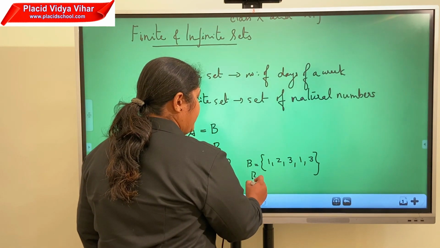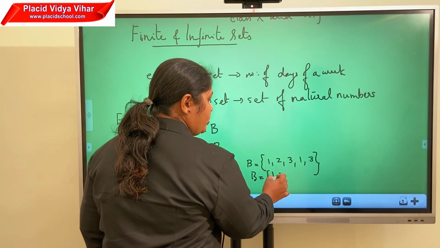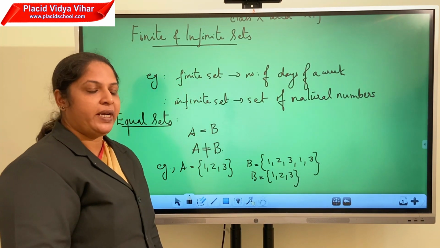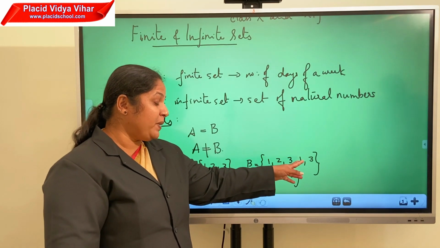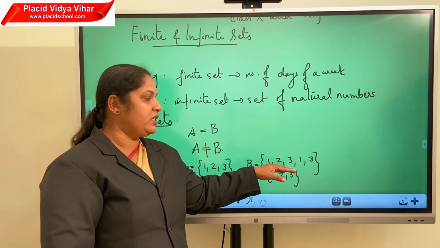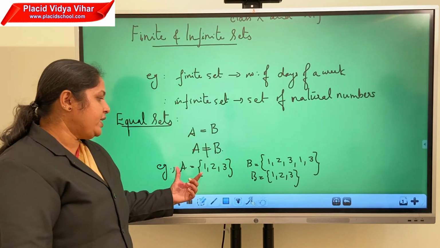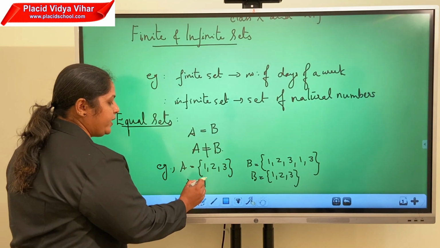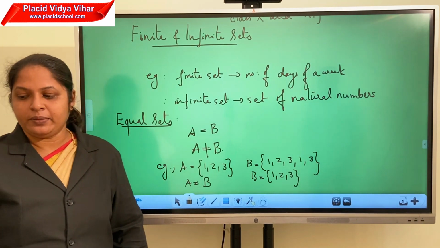So this can be represented as 1, 2, 3 itself. Here 1 and 3 are getting repeated. It's not mandatory that the repeated elements are written again. So we can say that set A equal to set B.